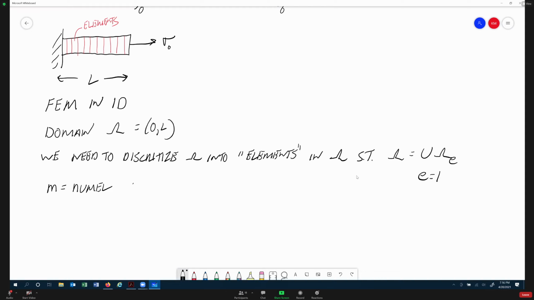Essentially, the beam that I drew up here, we're going to represent as almost like a number line. We're one-dimensional, so we have x equals 0 and x equals L. We're going to break this up into 1, 2, 3, and I'm going to call this 1, 2, 3, 4.